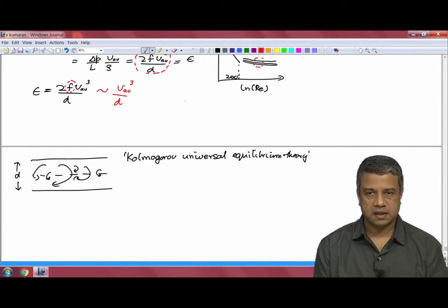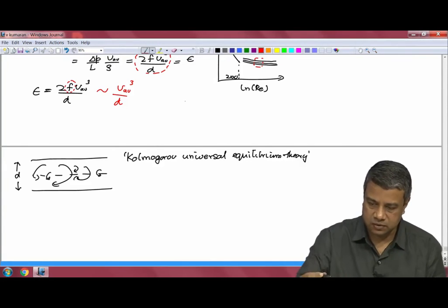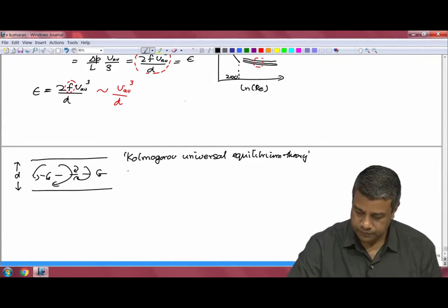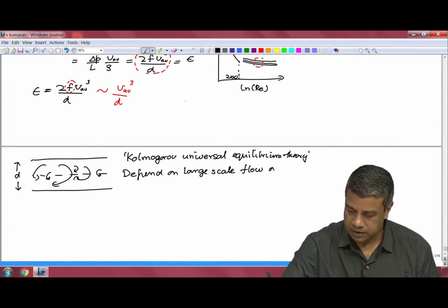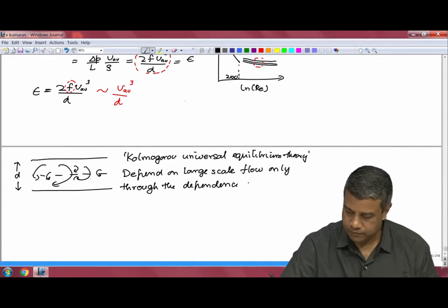If that is the case, then the length and the size of these small scale eddies cannot depend directly on the average velocity and the diameter, but rather they depend on the large scale flow only through their dependence on epsilon.